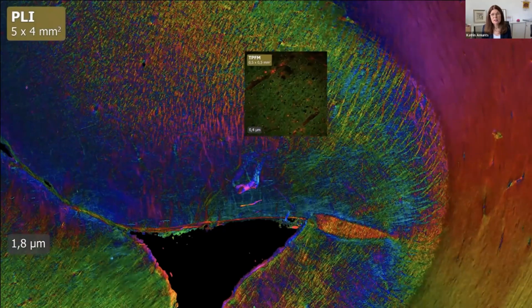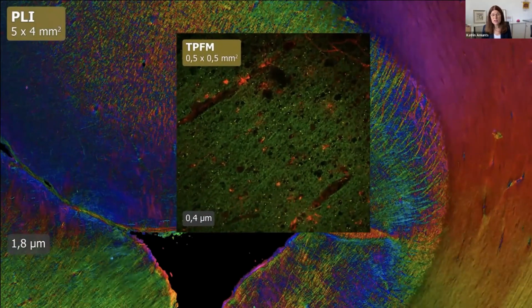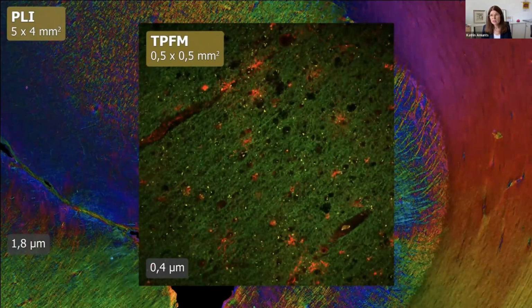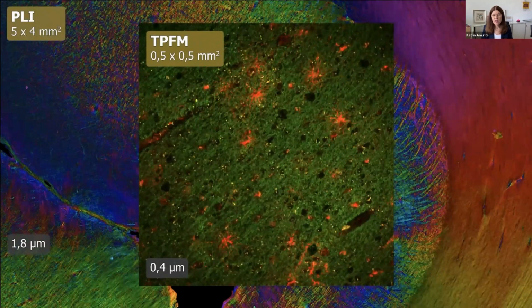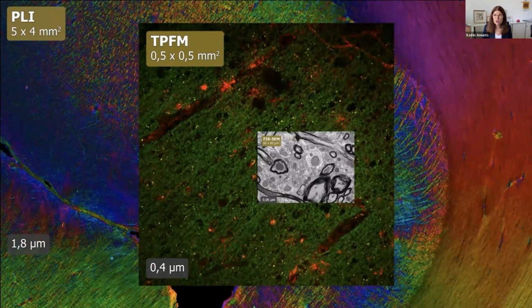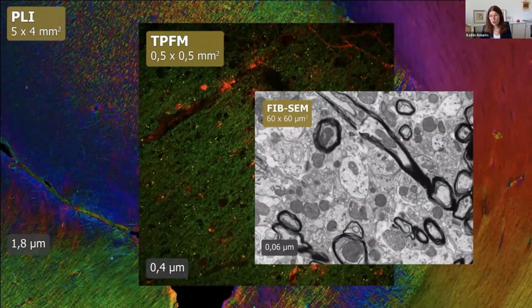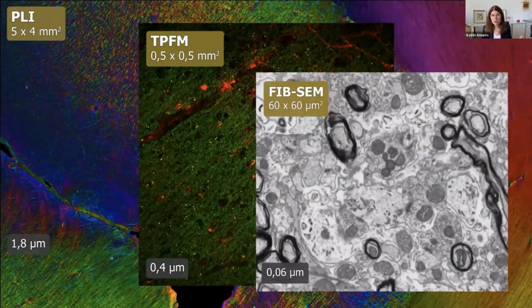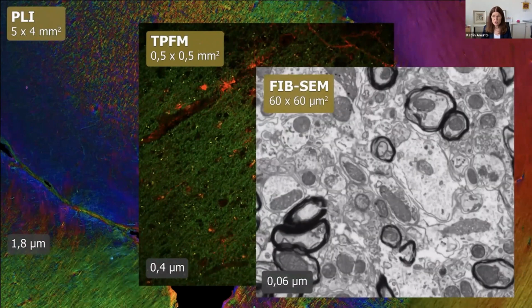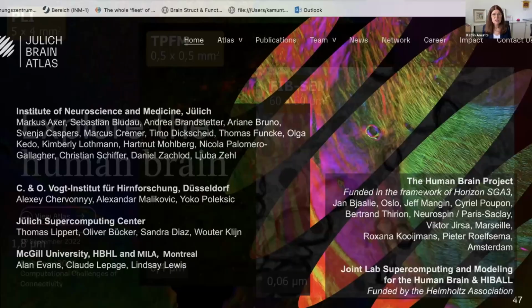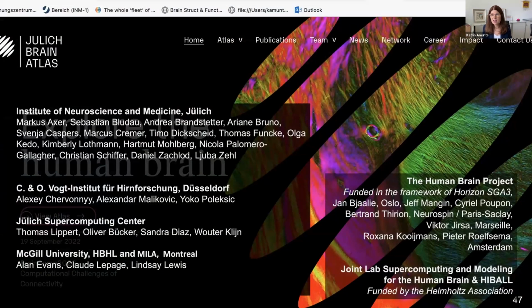But when we want to go to the cellular and subcellular level, then of course we have to go to the sub-micrometer level. However, these methods like 2-photon or also electron microscopy, they cannot be done for the whole human brain. That's simply impossible. But having an atlas concept that is multi-scale from its very nature, and this is what Timo will present also, this makes it possible to link the different modalities to each other.